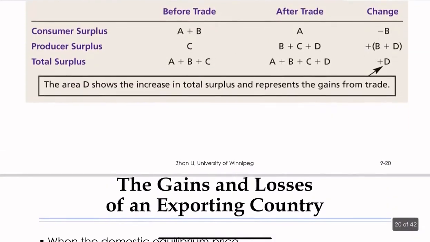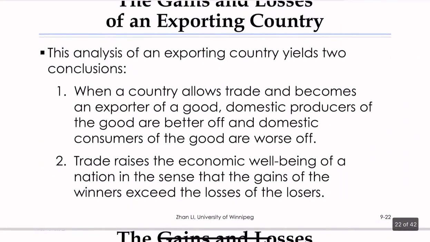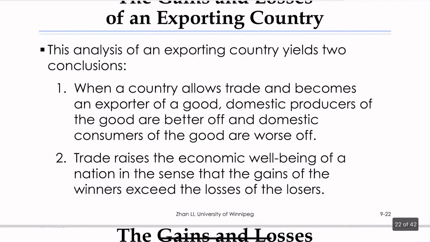So to summarize, when a country allows trade and becomes the exporter of a product, right? Domestic producers will be better off because they have a higher producer surplus, and domestic consumers will be worse off. They're having a lower consumer surplus. However, the total surplus increases, right?